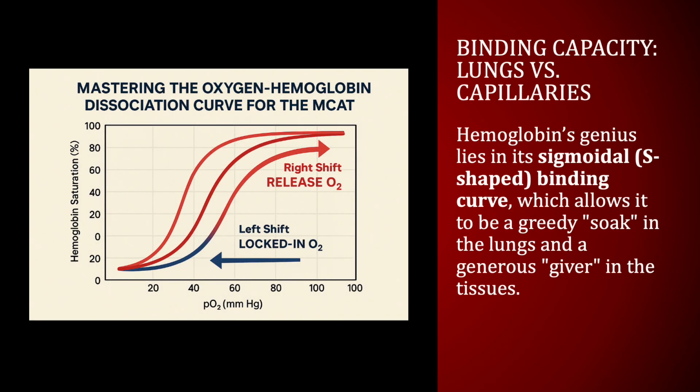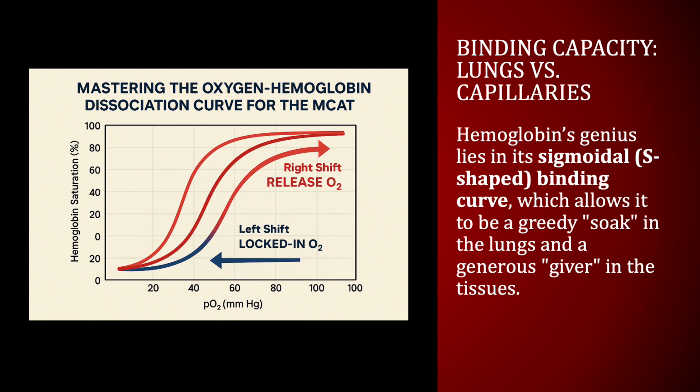When looking at binding capacity, lungs versus capillaries, hemoglobin has a genius shape, which is that sigmoidal S-shaped curve, which allows it to be kind of a greedy soak in the lungs and a generous giver in the tissue. So look at the very far left, it's in the lungs, to the right in the capillaries.